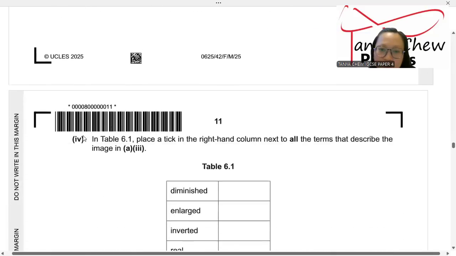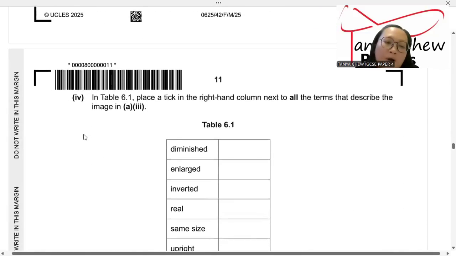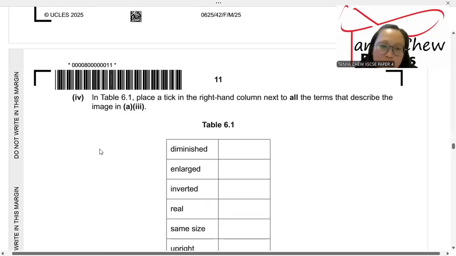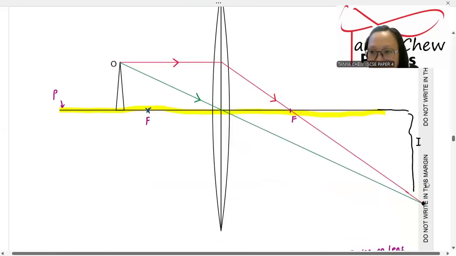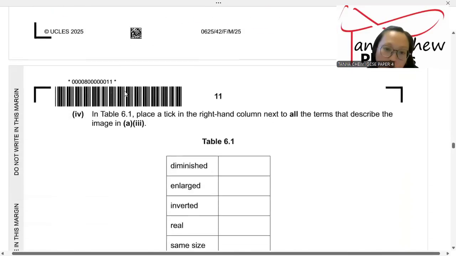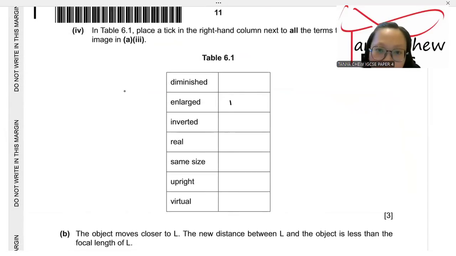If you want to know the characteristics of the image, see part 4, in Table 6.1, place a tick in the right-hand column next to all the terms that describe the image in A part 2. Could you see that the height of the image is definitely taller compared to the height of the object? So we say that the image is enlarged.